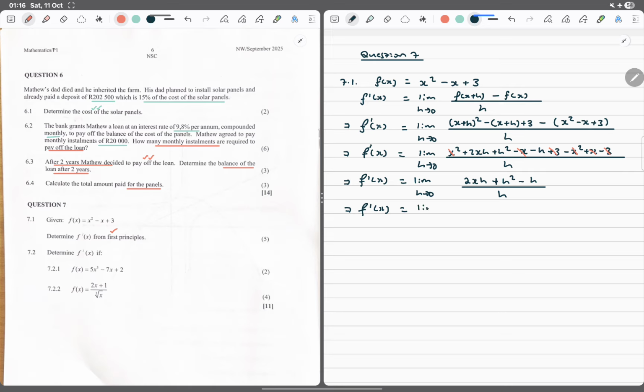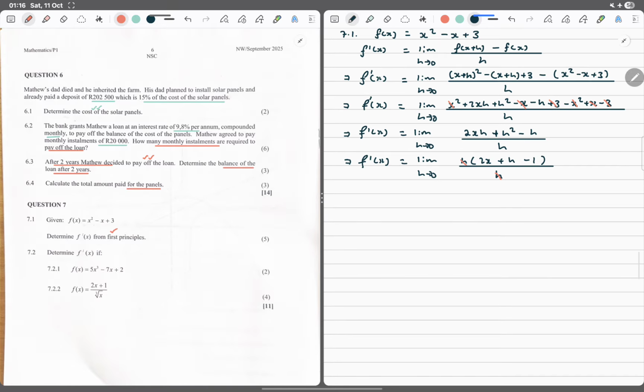F prime of x is the limit as h tends to 0. We take out h conveniently so that we can get to business. Again, the magics need to happen. If they don't happen, something is wrong.